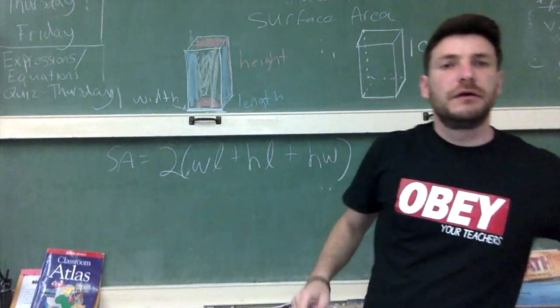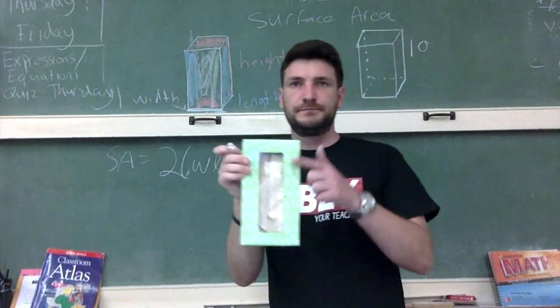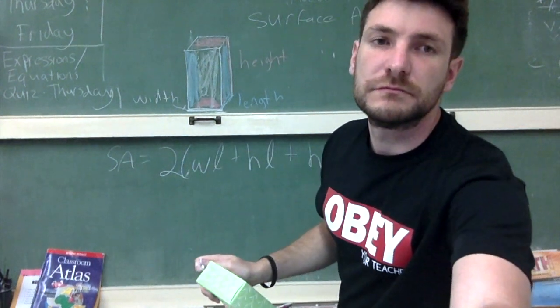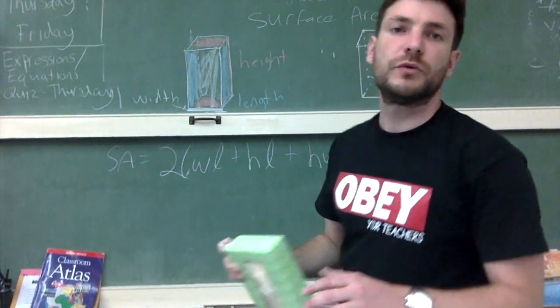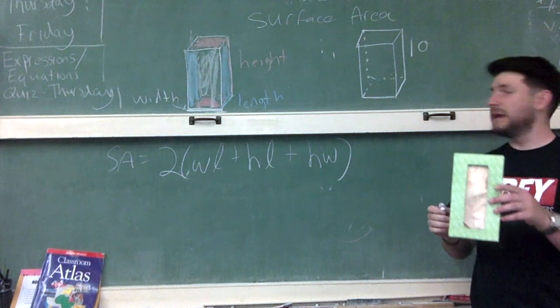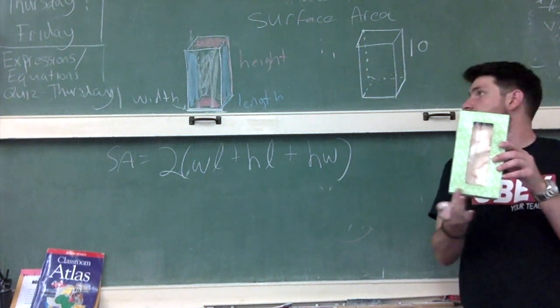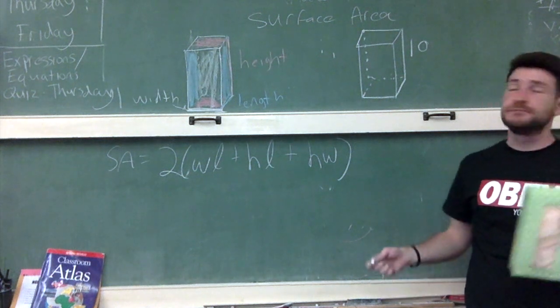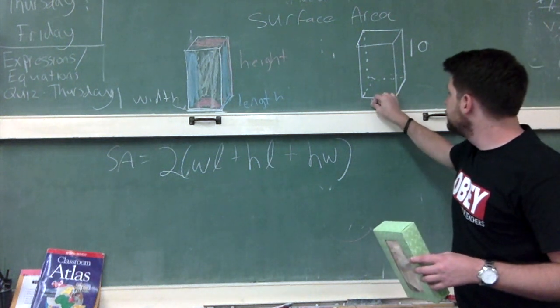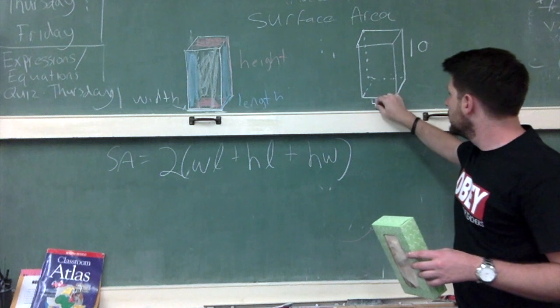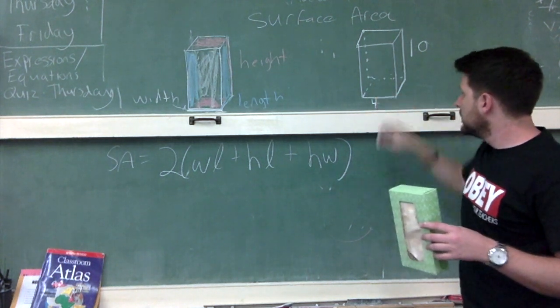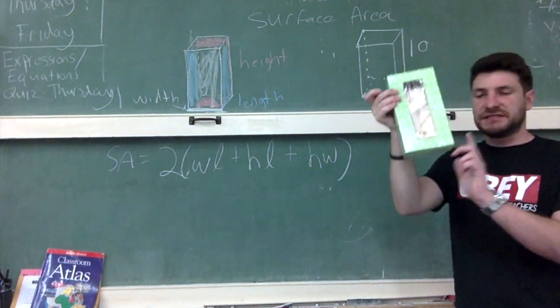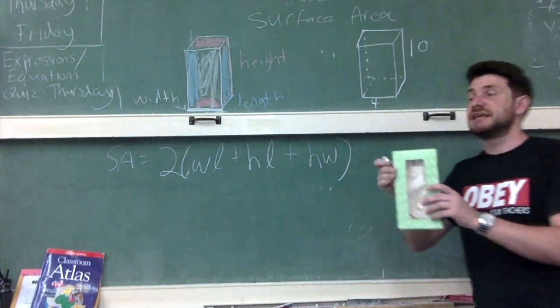That's this guy right here. Let's make our width, the guy in front, 4. Make that guy 4, and we'll make this guy coming back along the side 6.